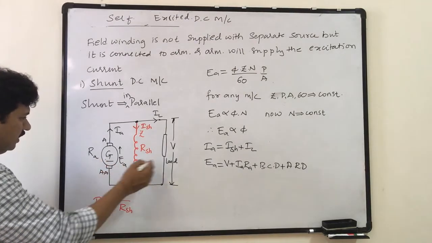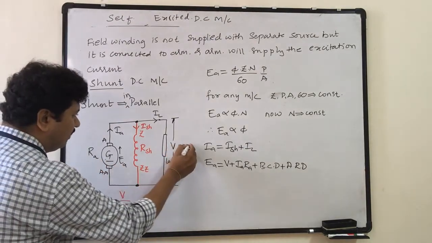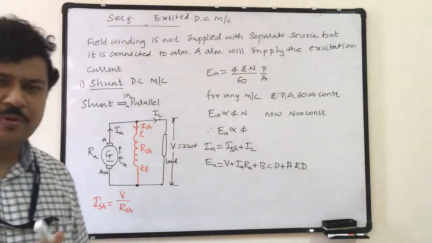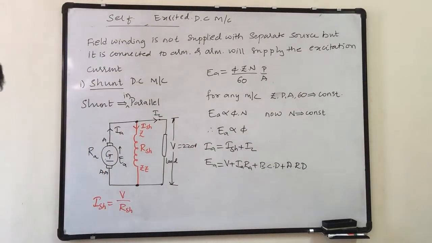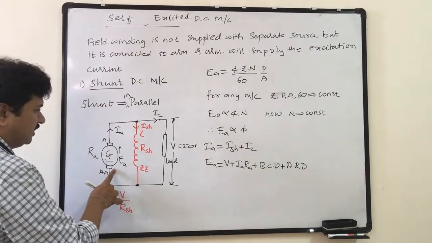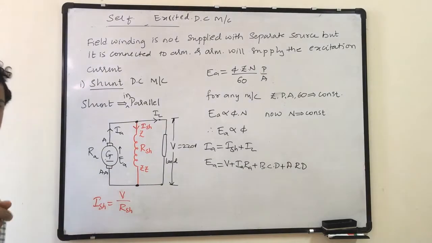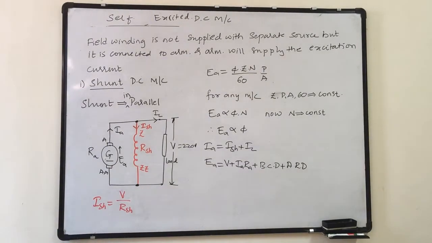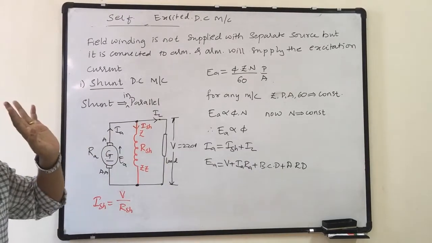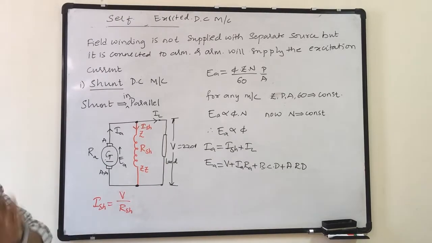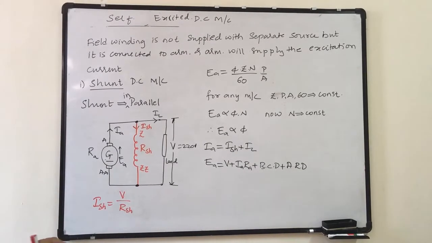Generally DC machines operate at 220 volts. Now if 220 volts has to be generated, and the field current is 1 ampere, the minimum value of shunt field resistance should be 220 ohms. So 220 volts divided by 220 ohms gives 1 ampere of current. My requirement is only that much; I don't need more.